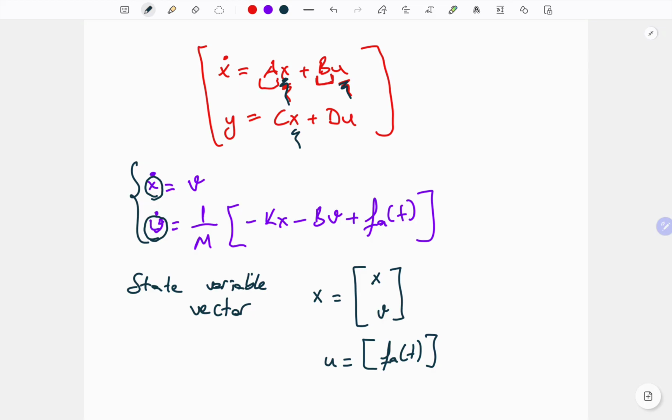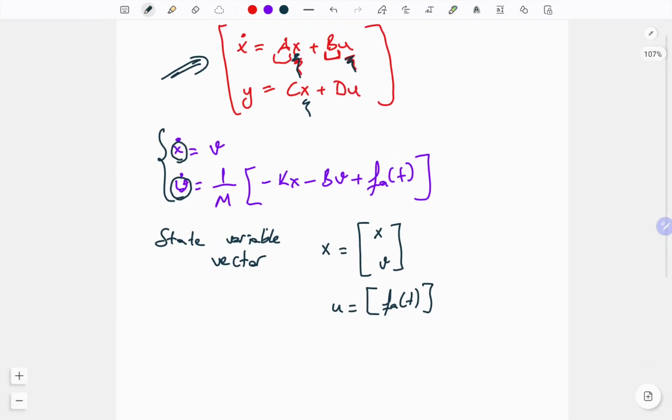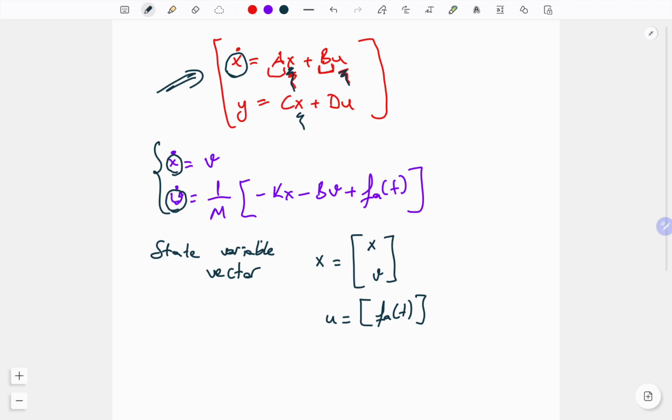After we determine our state variable vector and input vector, the remaining part of the matrix form representation is converting our equations into matrix form. So how will we do this? We will use this general representation. We will start with x dot. X here represents the state variable vector, so x dot and v dot will be on the left side of the expression.